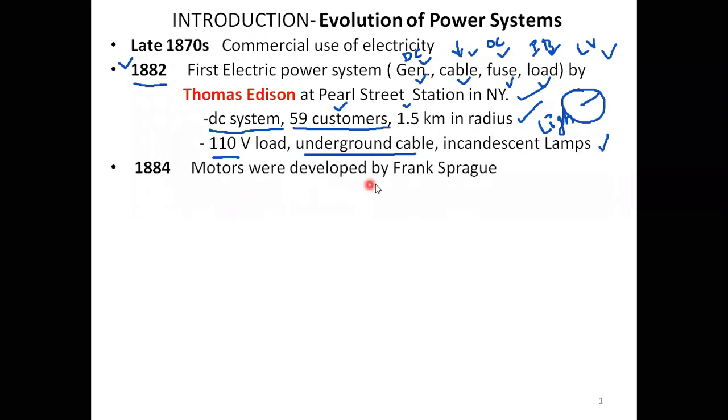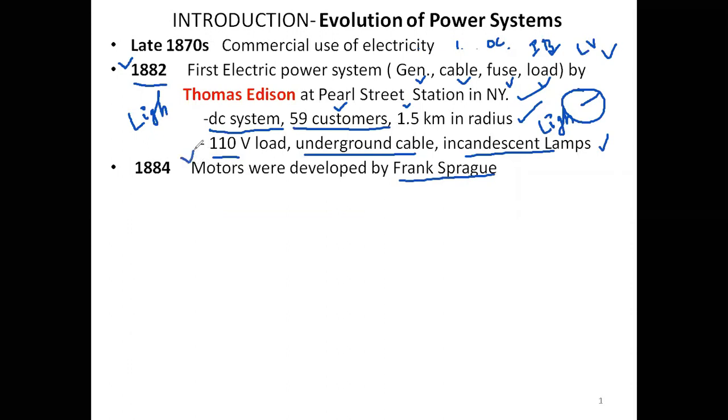Later, motors were developed by Frank Sprague. If electricity is used only for lighting, it is not that appreciable. It should be useful to mankind in some way. That is why motors were developed by Frank Sprague.